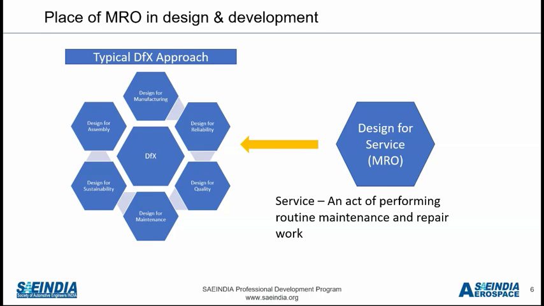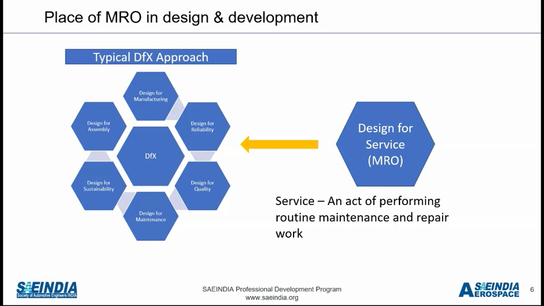You might have heard about REACH and RoHS compliance for aerospace products, whether it is a lead-free component or not, those kinds of things. Then also design for assembly, whether it is going to be easily assembled and disassembled for maintenance purposes. So those things are basically taken care of.